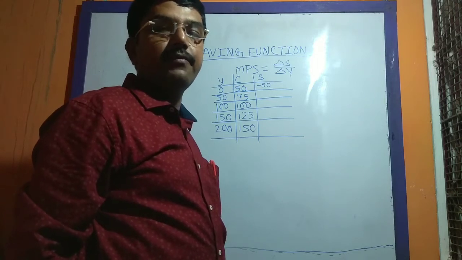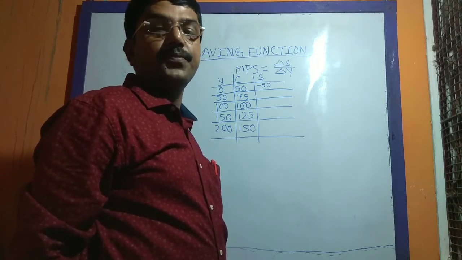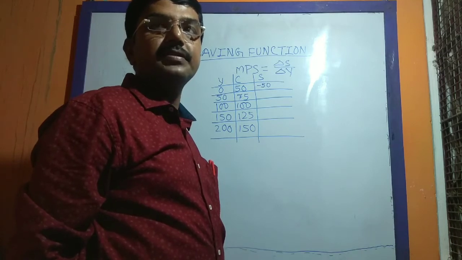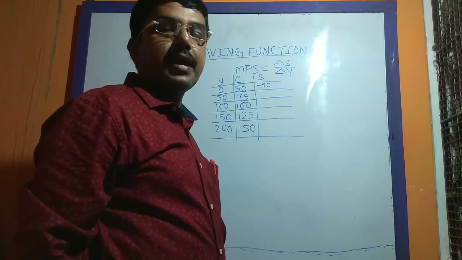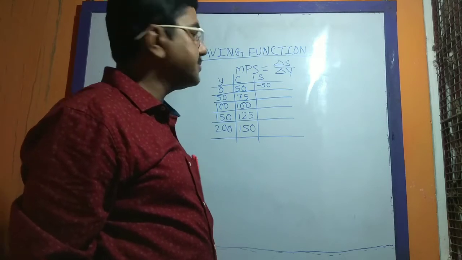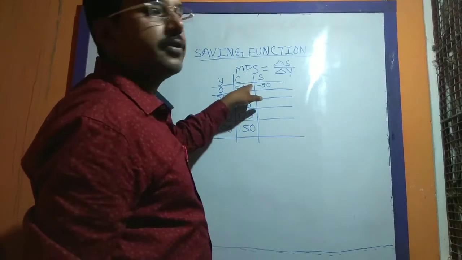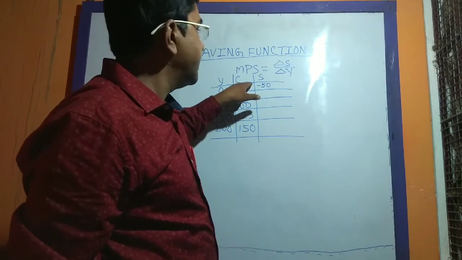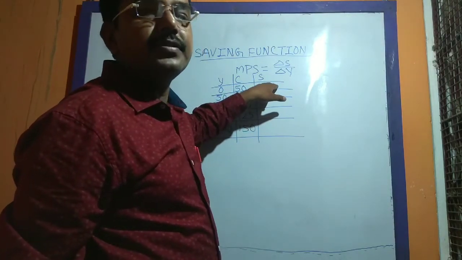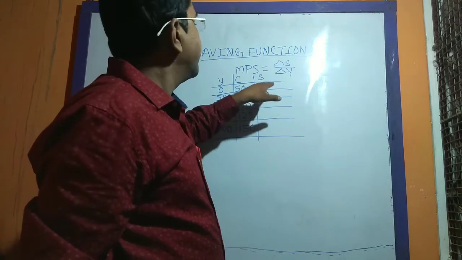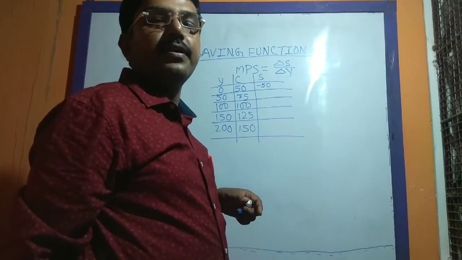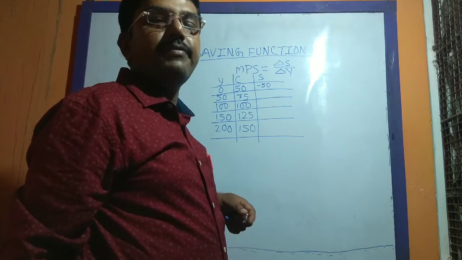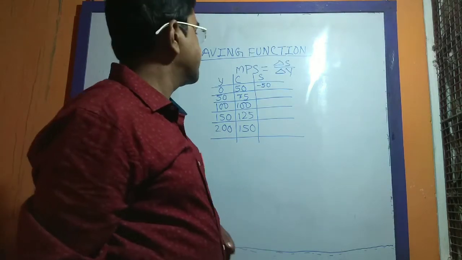Even at zero income, consumption can't be zero. Minimum consumption is necessary for survival. This type of consumption is called autonomous consumption. In this schedule, 50 is autonomous consumption. It is managed by past saving, or by borrowing. So minus 50 is the negative saving at the autonomous level of consumption.